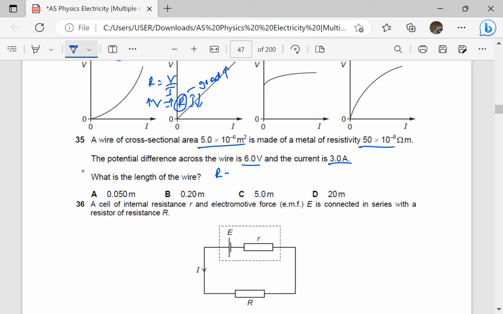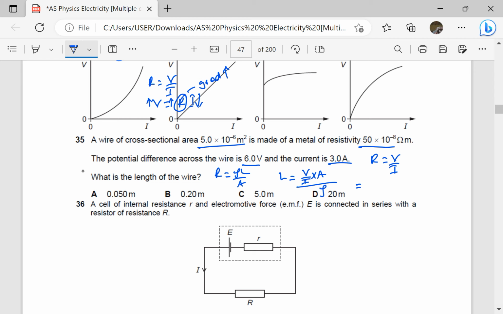So we know resistance is equal to rho L over cross-sectional area. They have given us the cross-sectional area straight away, they have given us the resistivity, and we don't have the resistance, but they have given us V and I. We also know that R is equal to V over I. So it means the length L is going to be resistance, which is V over I, times the cross-sectional area, divided by rho.